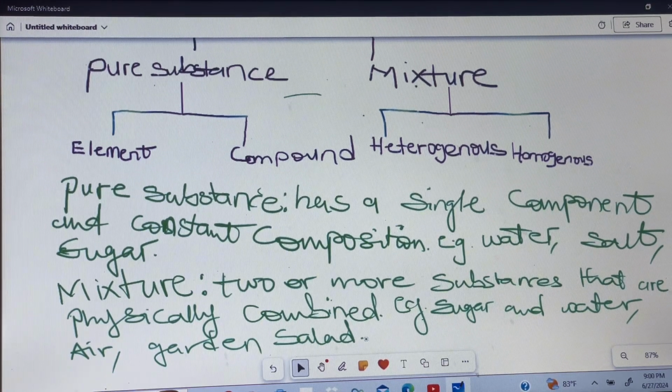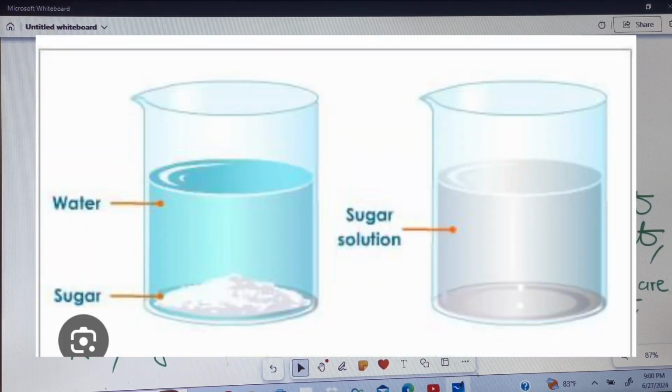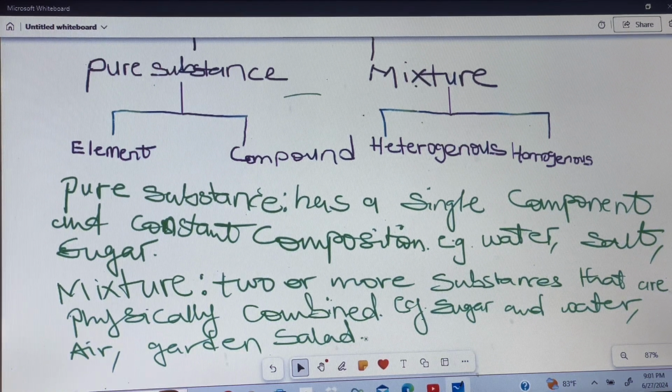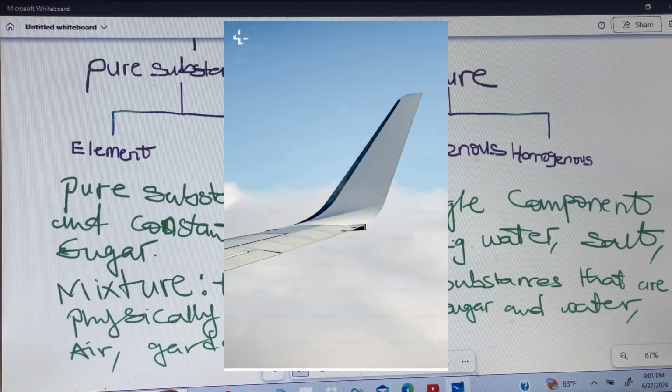So when you get your glass of water and put sugar inside, when you dissolve it, it's a physical change. So it becomes a mixture of water and sugar. Then air is a mixture because air has carbon dioxide, it has oxygen, it has nitrogen, water vapor, and all of that.